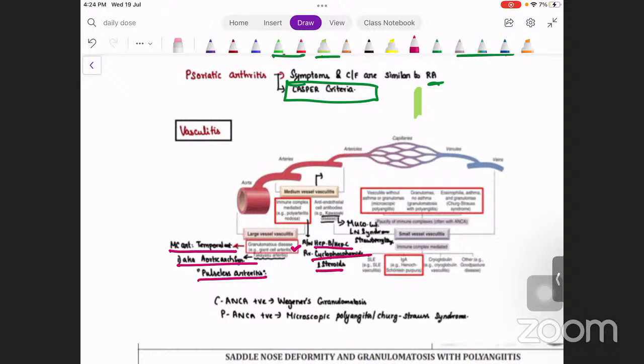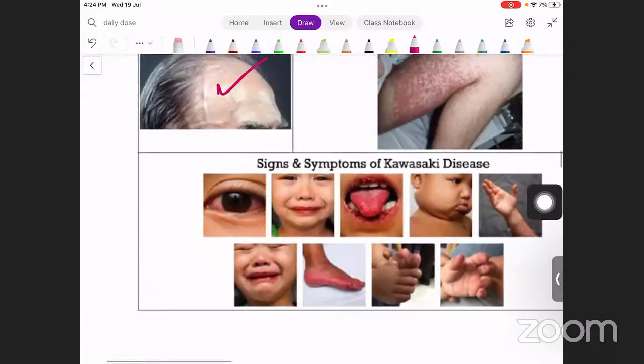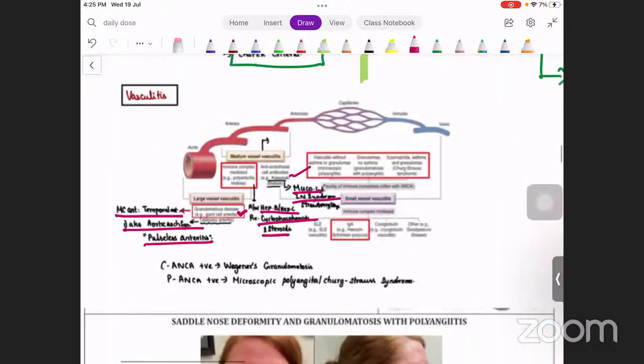Apart from that, anti-endothelial cell antibodies are associated with Kawasaki disease, where you may see mucocutaneous lymph node syndrome and a strawberry tongue.